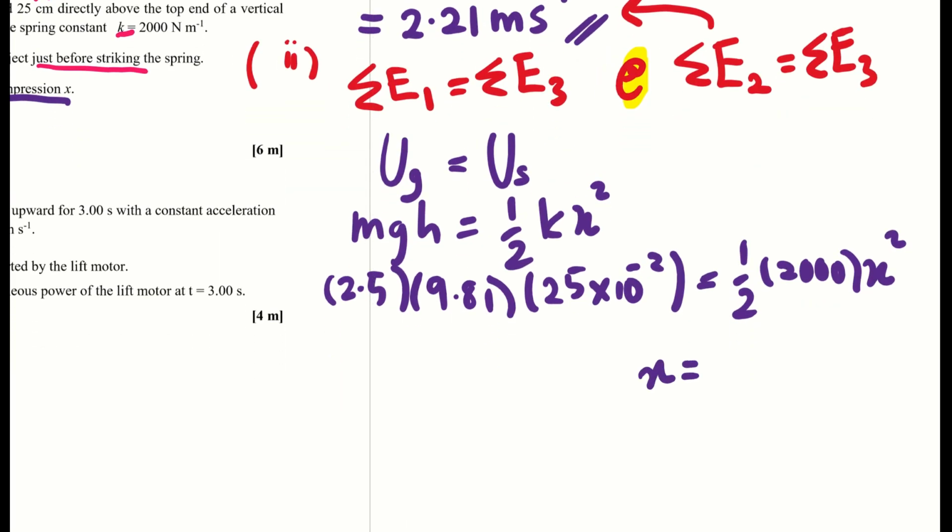You do the calculation and finally you'll get 0.091 meter. So this is the answer. Please check your answer, and if your answer is wrong, please make correction.